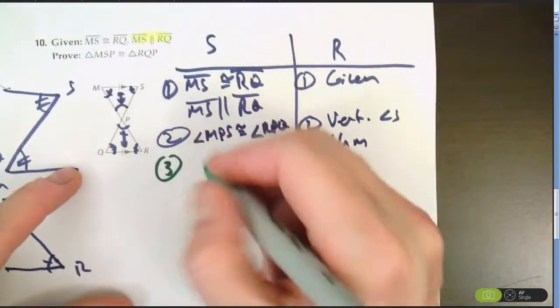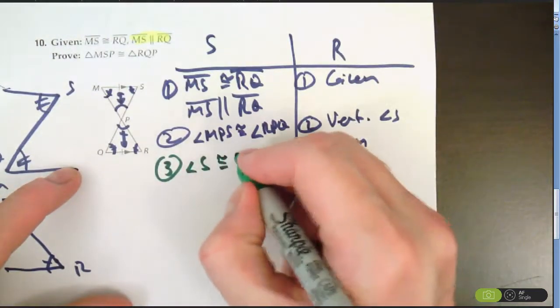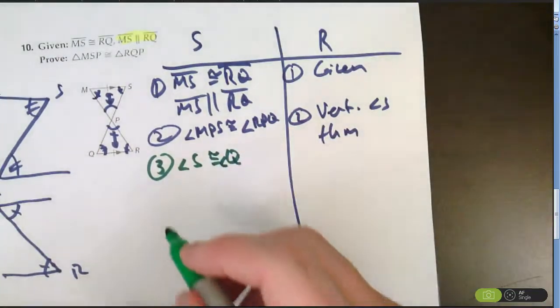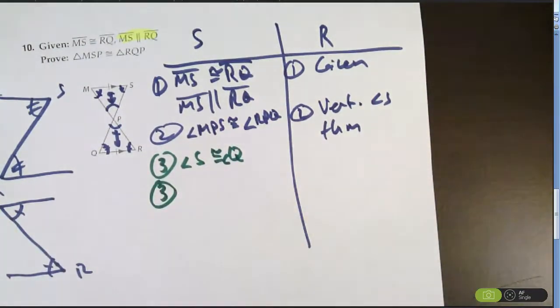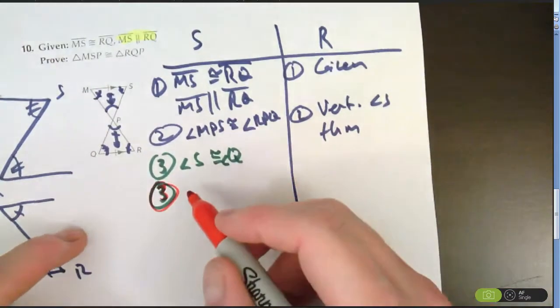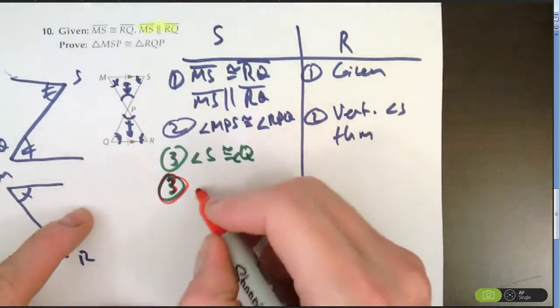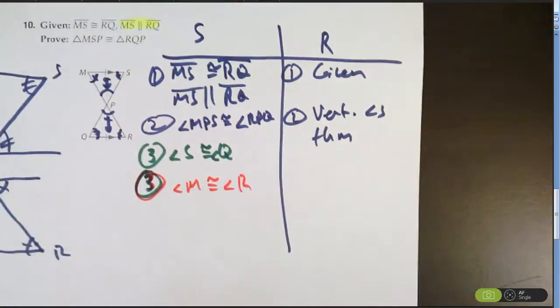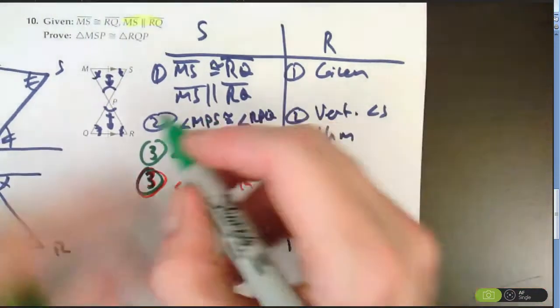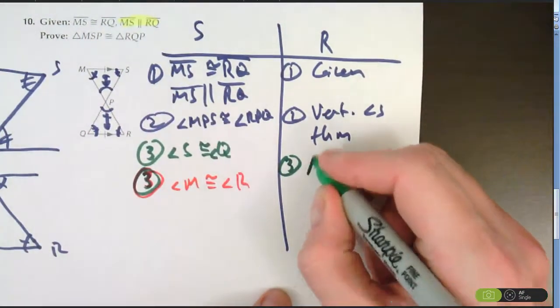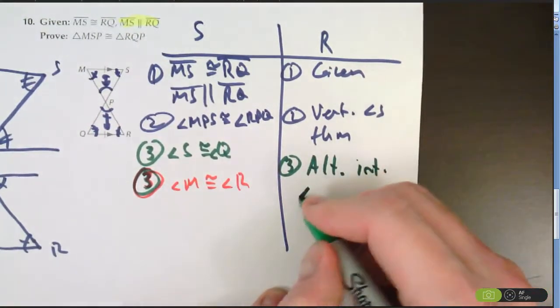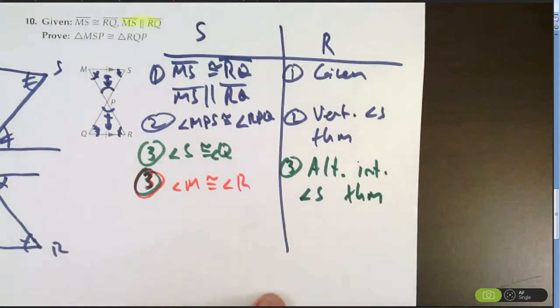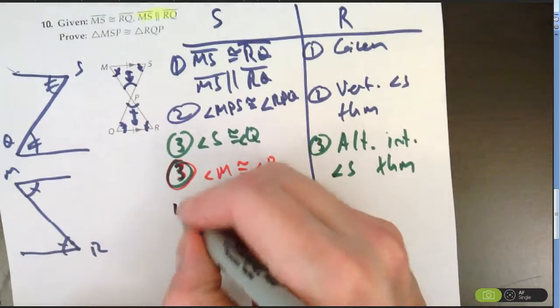The first step 3 is angle S is congruent to angle Q. The other step 3, let's do that in red. I haven't used red yet here. The other step 3 is going to be that angle M is congruent to angle R. Doesn't matter, because both step 3s are alternate interior angles. So it's the alternate interior angles theorem. And then for step 4, the two triangles are now congruent.